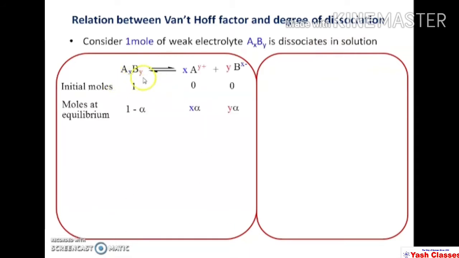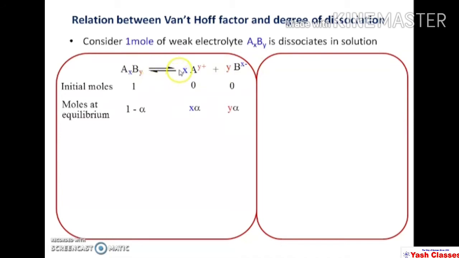For example, AxBy, when added in solvent, we get x moles of A y plus, that is the cations, and y moles of B x minus. So these are the anions. So there is a formation of cations and anions.